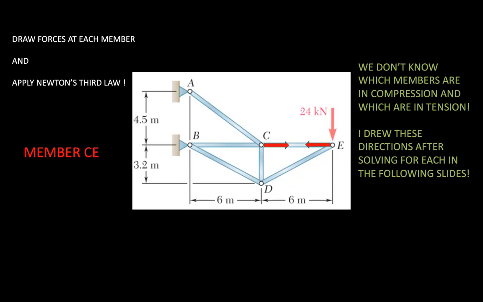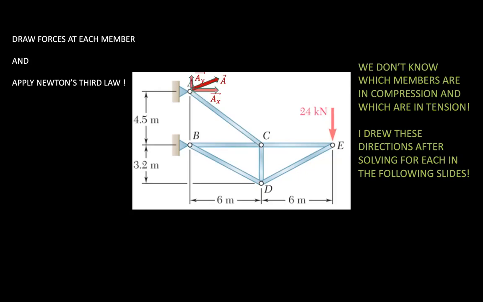And then member DE, also a Newton pair force, except this one is in tension. Member CD, which is in compression, a Newton pair force. Member BD, in tension, a Newton pair force. Member BC, in compression. Member AC, in compression.